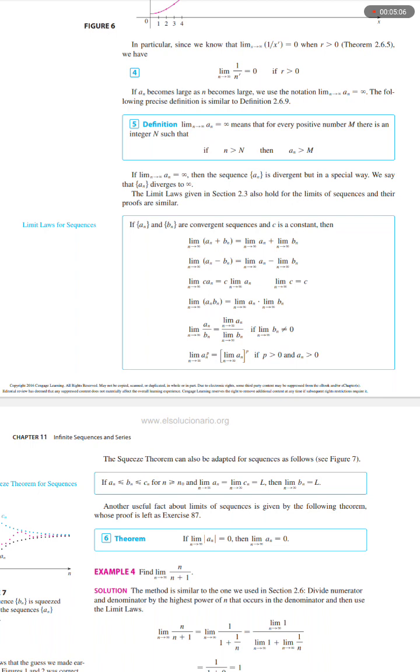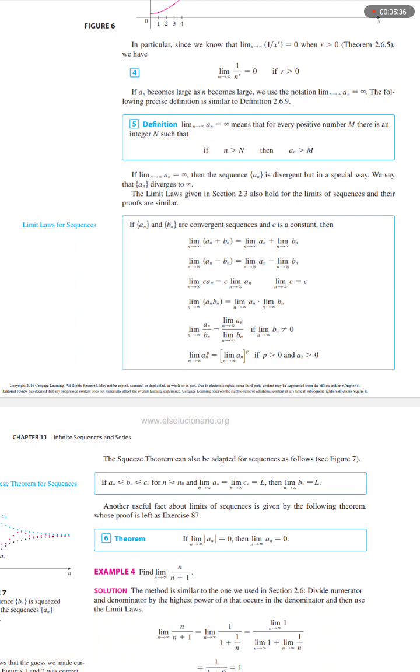The limit of c equals c as n approaches infinity. The limit of a sub n times b sub n as n approaches infinity equals the limit of a sub n times the limit of b sub n, again as n approaches infinity.